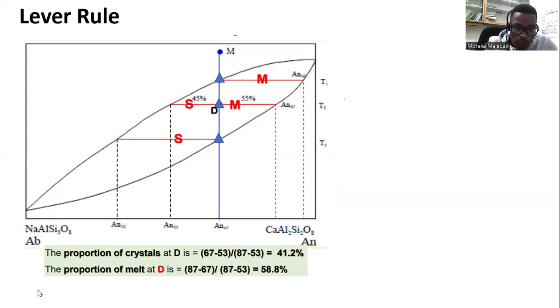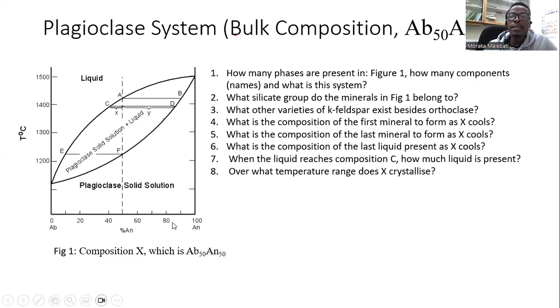Now let's deal with this example wherein we have the bulk composition of 50% albite and 50% anorthite. And then we ask ourselves the following questions: how many phases are present in figure 1?